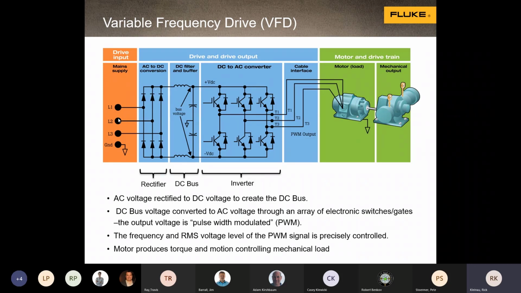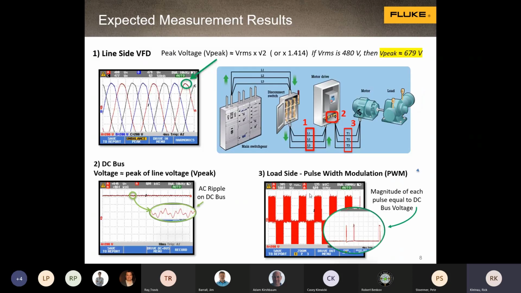It really doesn't matter whether I have a single-phase drive or a three-phase drive and single-phase motors, because everything on the front end goes to DC, and it's the responsibility of the inverter to create the output for the motor. So the DC bus, in theory, could be batteries or solar panels or something. It's the inverter here that's going to create that output signal.